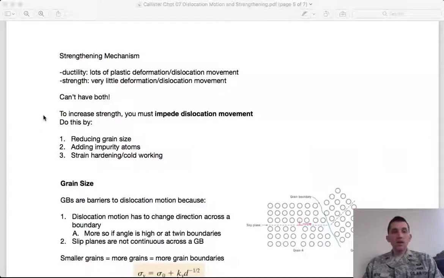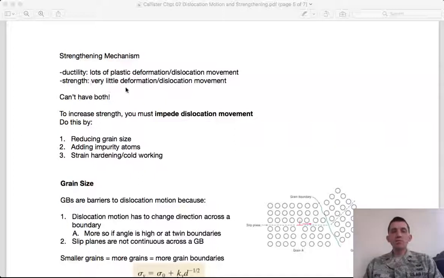And this is the core, and I mentioned this, I think, in the last lecture, the core of why in materials, especially metals, you see this trade-off between strength and ductility. You're constantly balancing: you make a strong material, it's really brittle, so you give up some of that strength to get back a little bit of ductility. And it's always a trade-off. And it's because it's kind of mutually exclusive here.